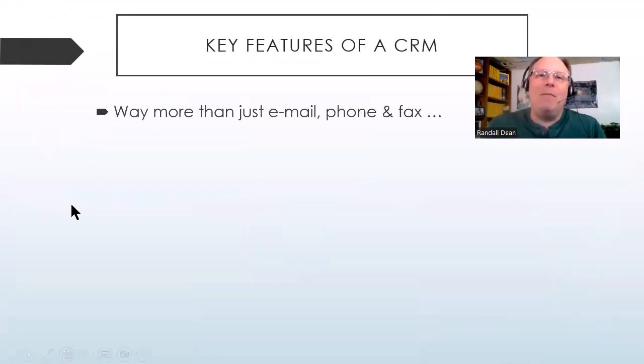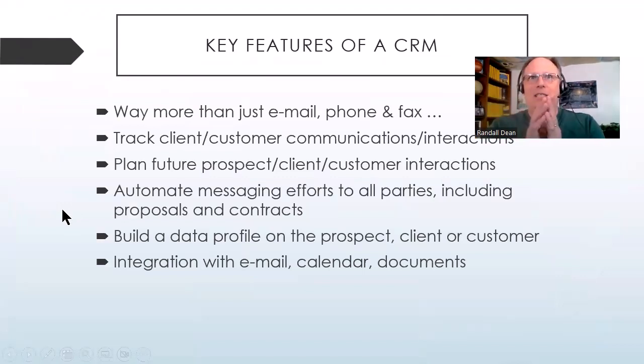A CRM is actually a software tool that allows you to effectively track client and customer communications and interactions, plan for future prospect, client, and customer interactions, set up automations that allow you to do a lot of these things without having to recreate the wheel every time, and maybe over time even build a pretty robust data file on the prospect, client, or customer so that you can build the relationship over time.